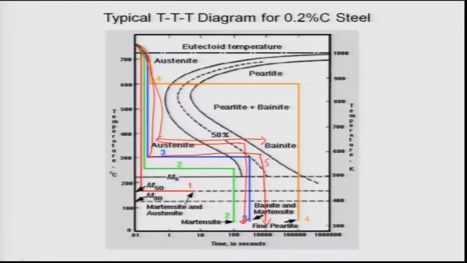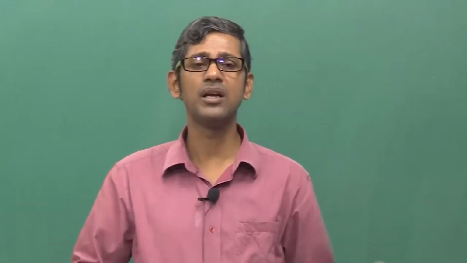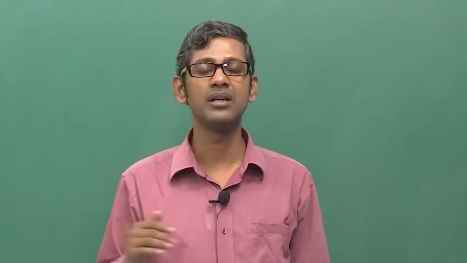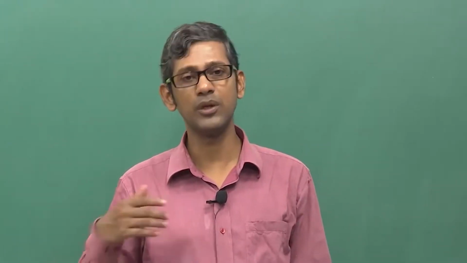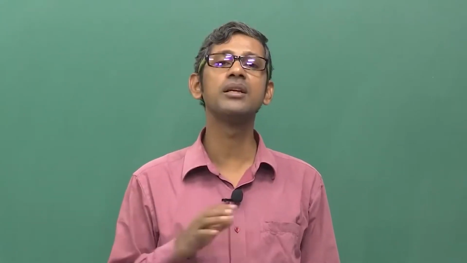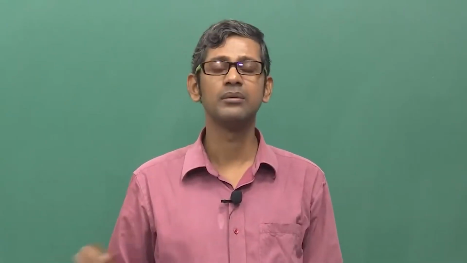The real kinetics of these transformations will be discussed later, because kinetics means how, mathematically, the transformation happens, how nucleation and growth affect it. That will be discussed separately as the kinetics of phase transformations, because diffusion transformations are of different types. We have seen precipitation, we have seen the eutectic transformations, and we are going to see some more. So once all the diffusional transformations are dealt with, we will discuss the kinetics of transformations separately.